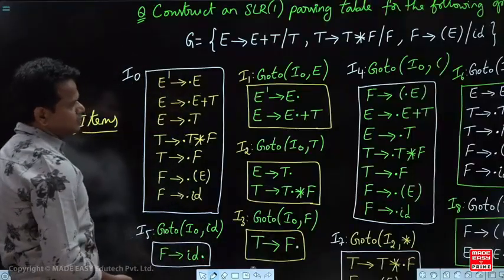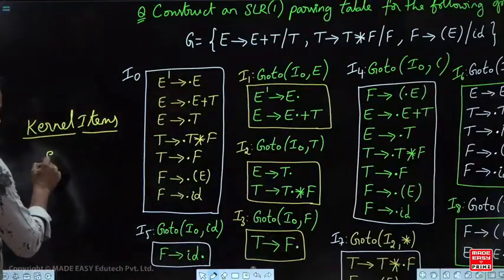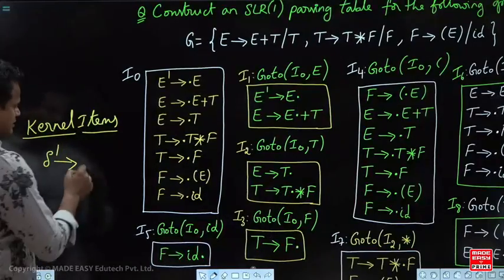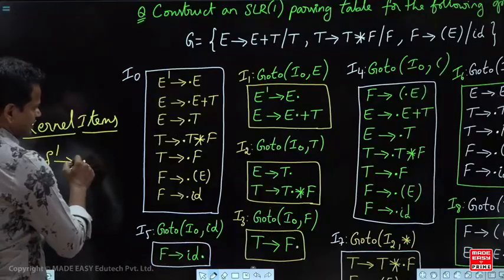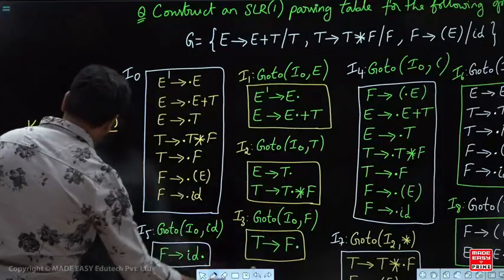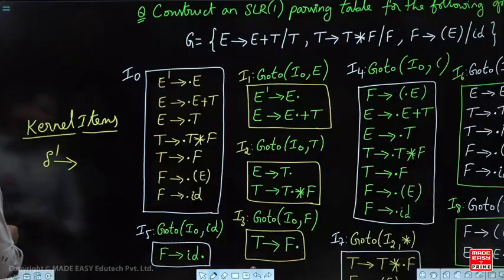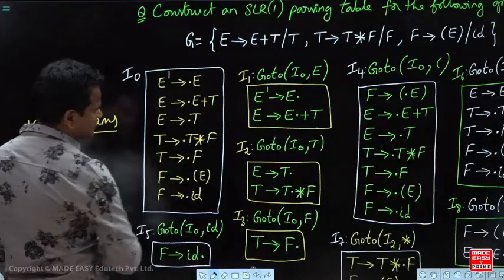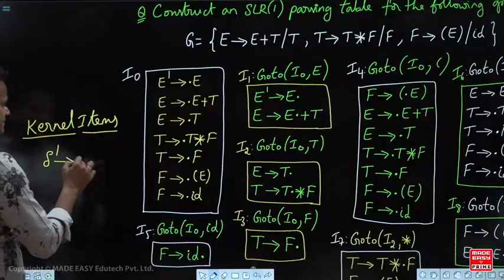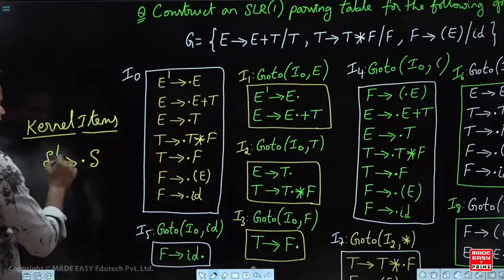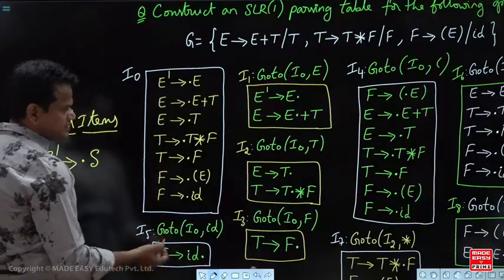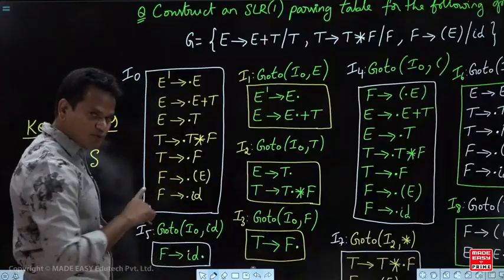It is the set of productions: S' derives dot S, and the productions whose dot is not at the leftmost end of the right side of the production. Kernel items are the set of items in which S' derives dot S, that is one thing, and the productions in which the dot is not at the leftmost end of the right hand side of the production.